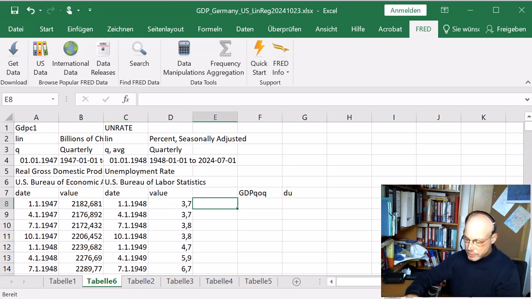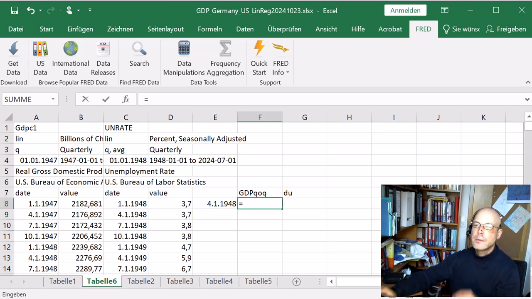So we are starting here then with this date, and the growth rate would be then the second quarter of 48 in GDP, this one over the former quarter, minus 1.